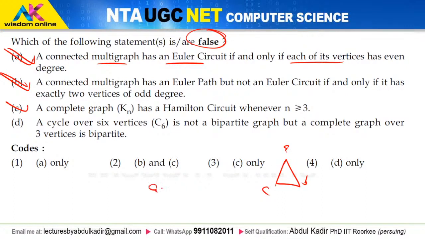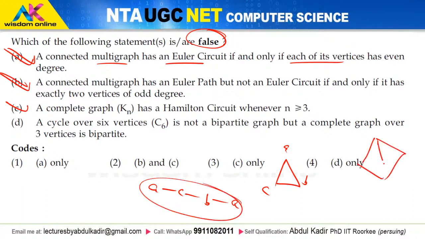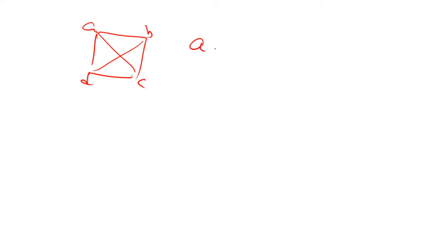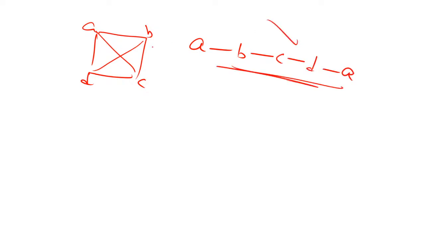You can start from A, then go to C, then go to B, then go to A. Similarly, with a complete graph on 4 vertices A, B, C, D, you can easily have a Hamiltonian circuit: A to B, B to C, C to D, and D to A. So this is your Hamiltonian circuit.